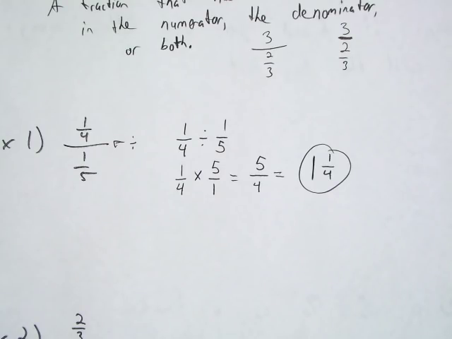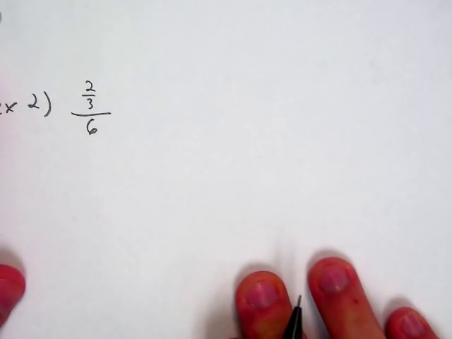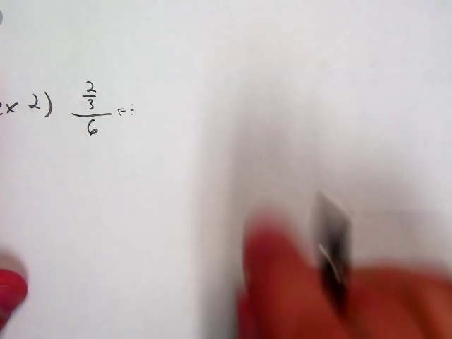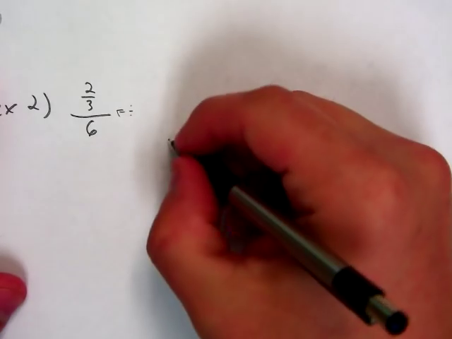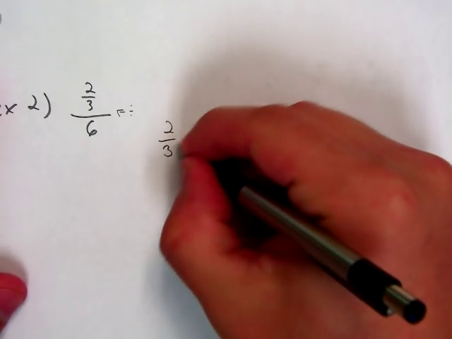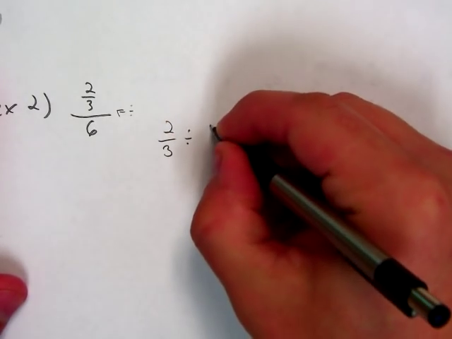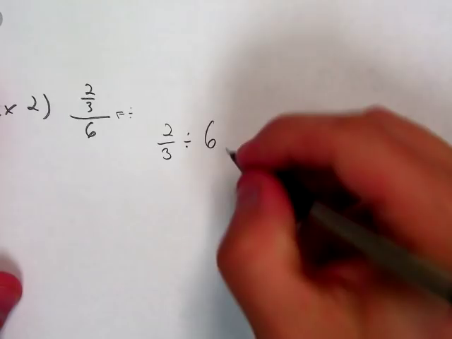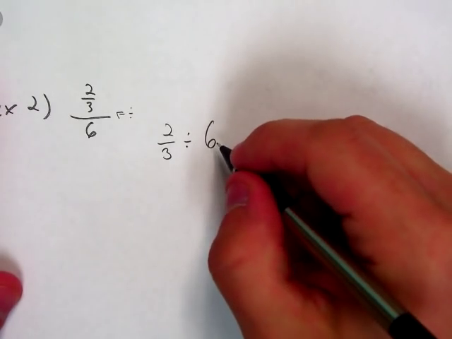Let's look at example 2 here. Example 2 is 2/3 divided by 6. Again, this line means to divide. So I'm going to take 2/3, I'm going to divide it by 6. This one may look a little bit more confusing, but I can change 6 to be a fraction.